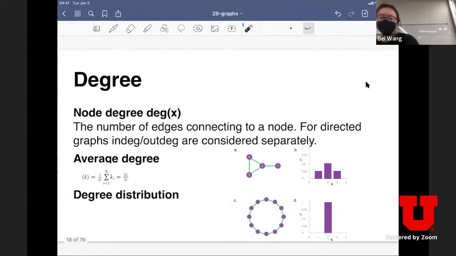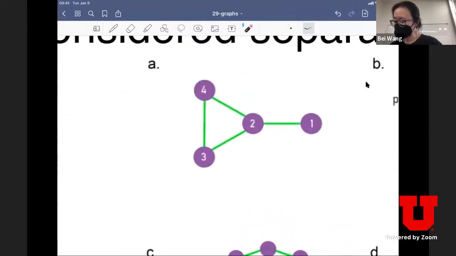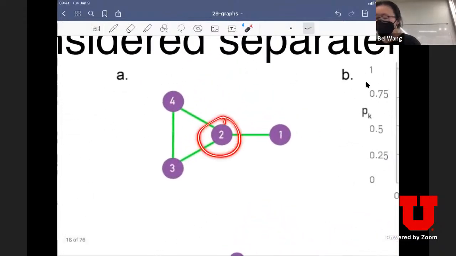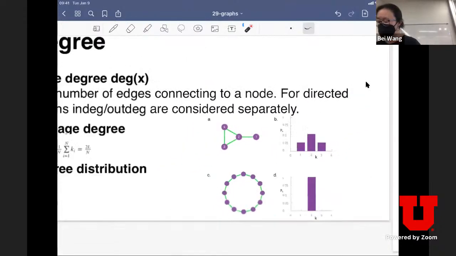Now, one other important component is called node degree. The node degree is the number of edges that are connected to a node. And then, of course, when your underlying graph is directed, then the degree is sometimes called in-degree versus out-degree, depending on the direction of the edges that come out of it. So for example, in this particular example, node 2 has degree 3 because it has 3 neighbors.